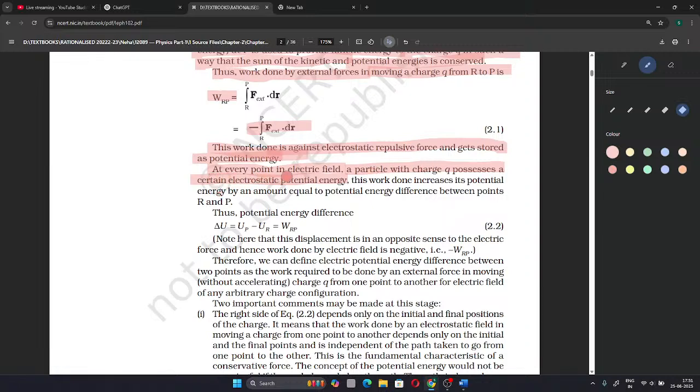At every point in an electric field, a particle with charge q possesses a certain electrostatic potential energy. At any point in an electric field, that particle will have some amount of potential energy.